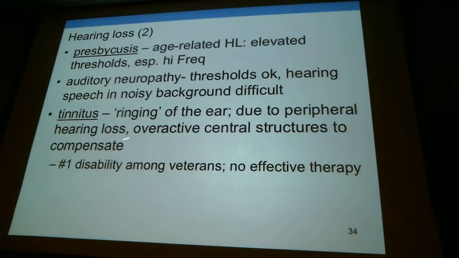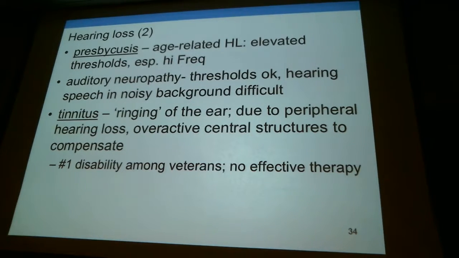And then finally, there's a pathology called tinnitus. This is that ringing of the ear. It's very, very common, but it's especially common when you've had peripheral hearing loss. So you've had noise damage, or damage due to chemotherapy drugs, and you start to hear this ringing in your ears.